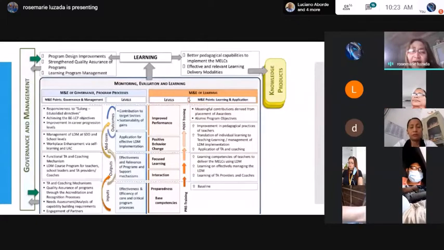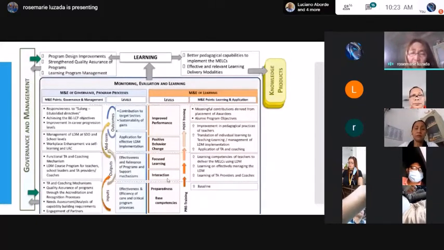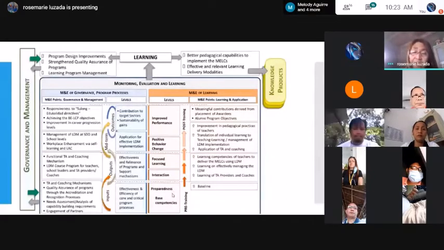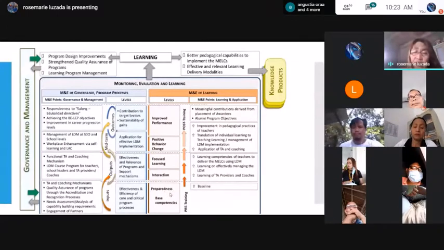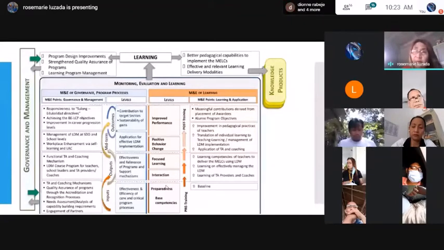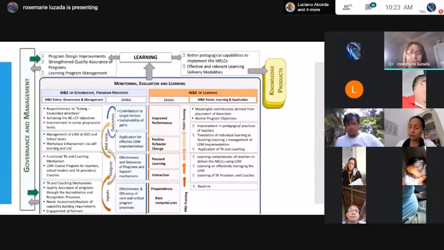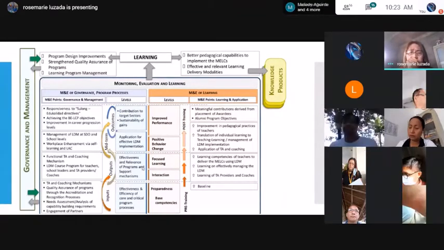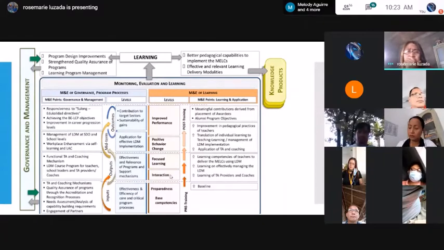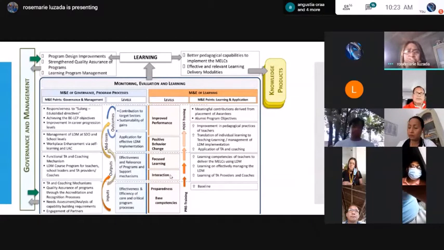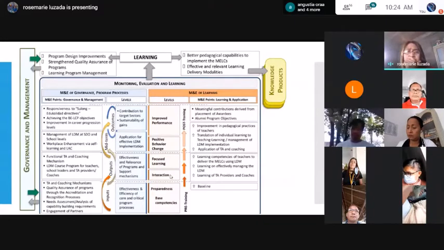Okay, so the same again, it started with the training, for example, here preparedness. So in school, have we conducted training for teachers to be prepared along different aspects? For example, the psychosocial of the teacher, the health status. Have we provided technical assistance? And have we focused learning?